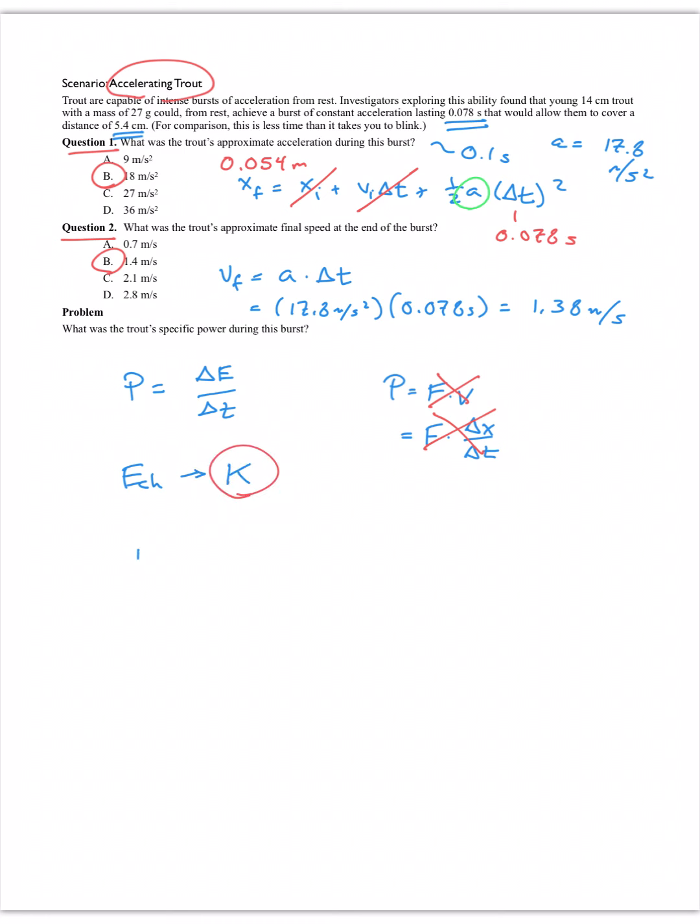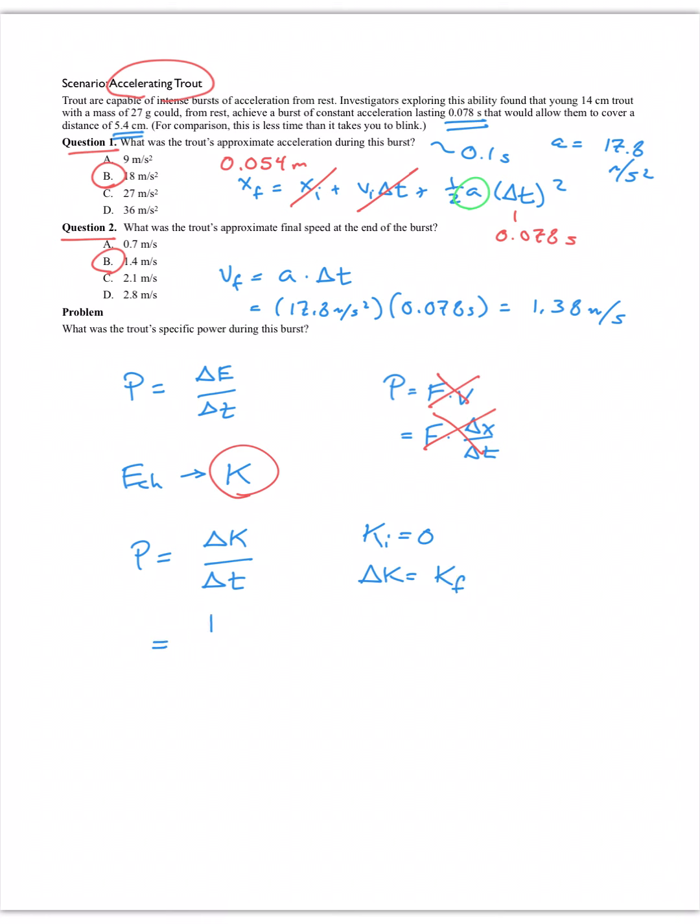So a better way to calculate is to say that the power, and this is going to be an average power because it will vary, is going to be equal to its change in kinetic energy divided by the time interval for that change. Well, the trout's initial kinetic energy is 0. So the change in kinetic energy is just equal to the final kinetic energy.